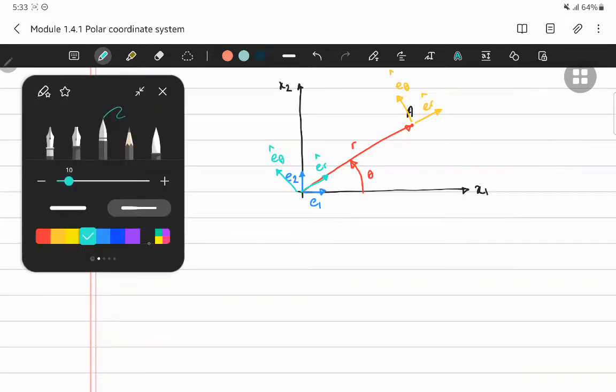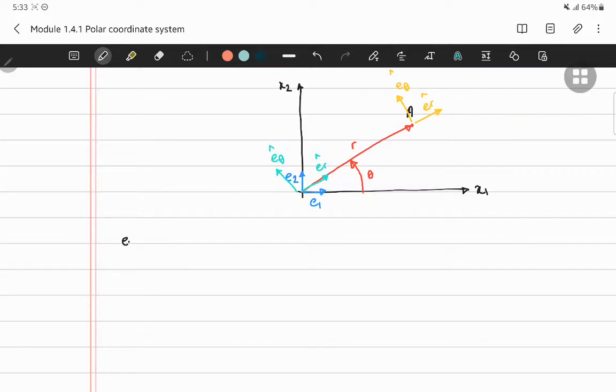So E_r is equal to, if we project this on the x1 axis, remember this is theta, it becomes cosine theta e1 plus sine theta e2, because this is theta, so this is the cosine and this is the sine. We also have E theta here.